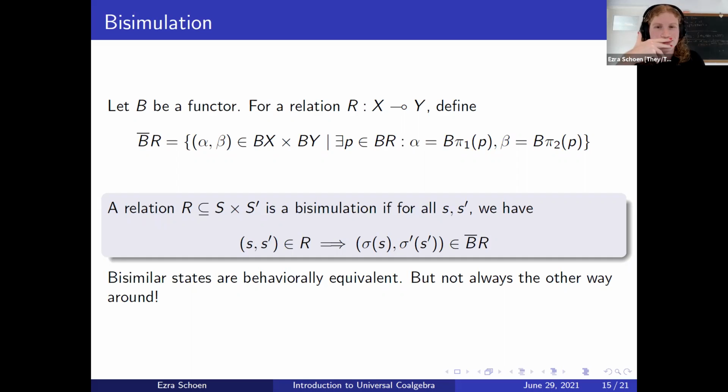But anyway, we can use bisimulation to compute an under-approximation of behavioral equivalence. So if we can exhibit such a relation showing that two states are bisimilar, then we definitely know that they are behaviorally equivalent. But maybe not all behavioral equivalence can be captured in this way.